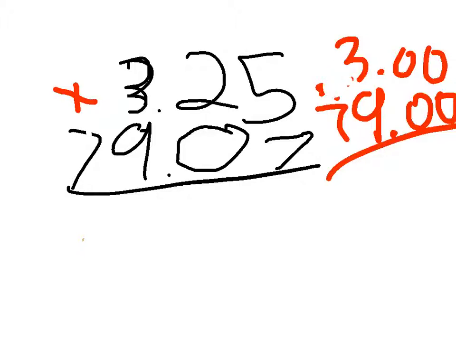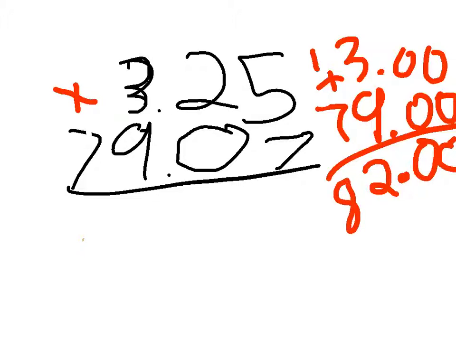Okay, now 0 plus 0 equals 0, another 0, bring down the decimal, and do 12, because 9 plus 3 equals 12. And now we're doing 7 plus 1, and the answer is 82.